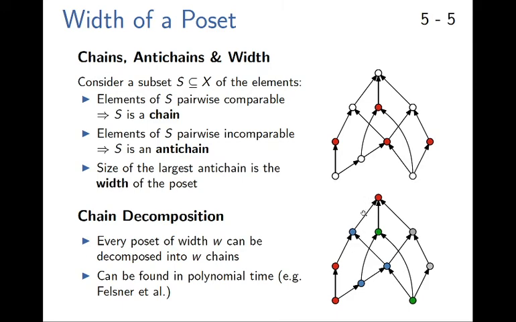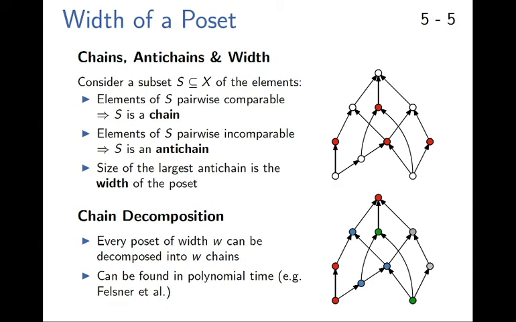In this example, you can also see that these chains are not necessarily paths. A chain, if you think about it in the graph, is essentially a set of paths. It does not have to be connected, as you can see here.